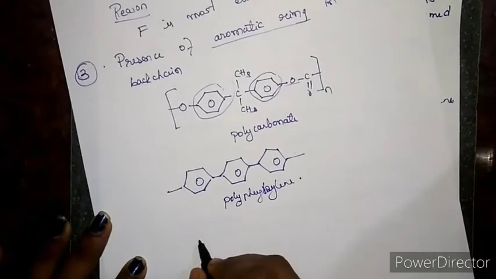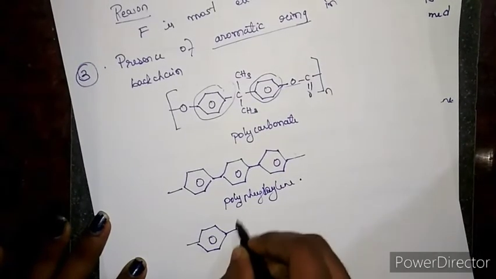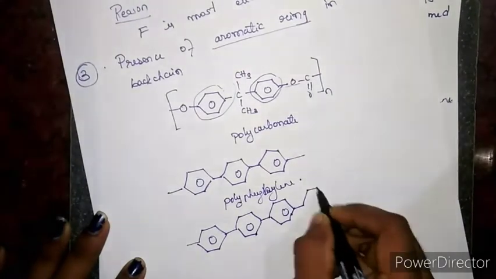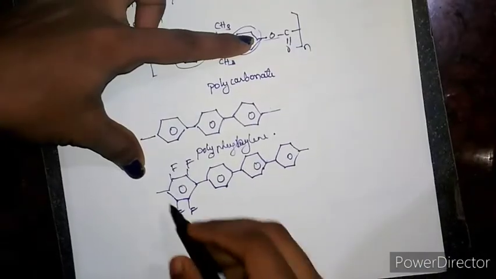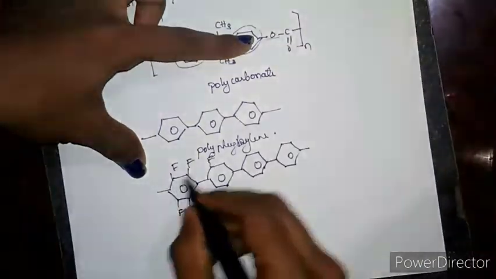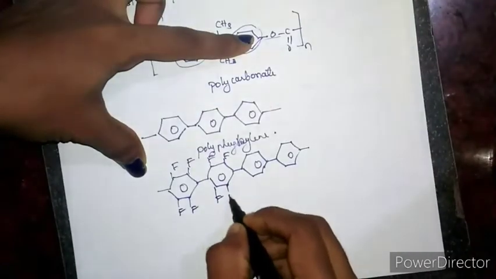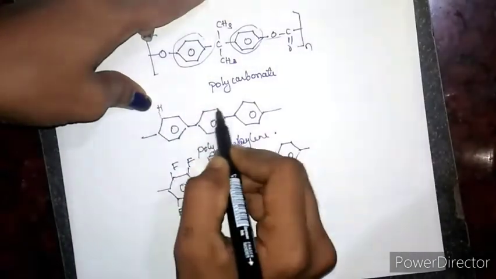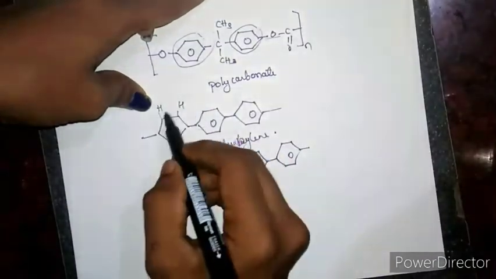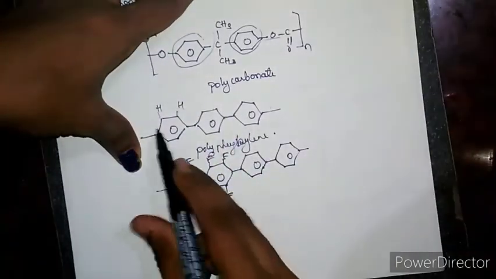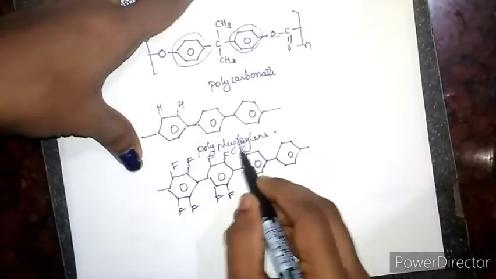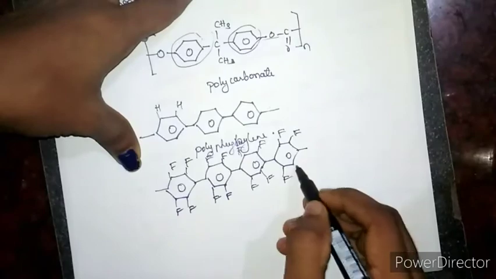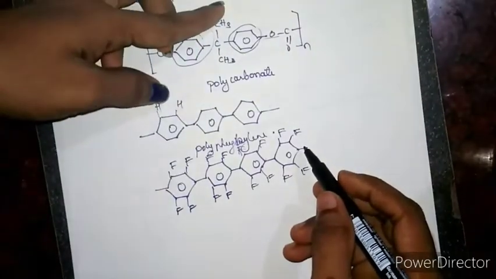Now consider one more example, this one. Suppose you have it like this, where the substituent is a fluorine atom instead of hydrogen. In polyphenylene all are H, right? Even though I did not write anything, it is understood that it contains H. Now what I did, I replaced that H by the fluorine atom, F everywhere. Now tell me whether it is stable. Yes, it is highly stable when compared to these two. Why?